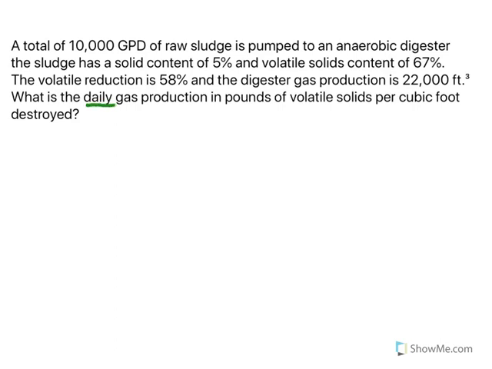So daily gas production, which you were given, is 22,000 cubic feet. Usually, these word problems have clues in how to set them up, most of the time.